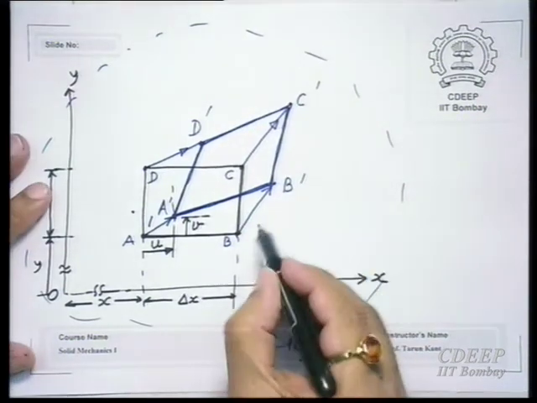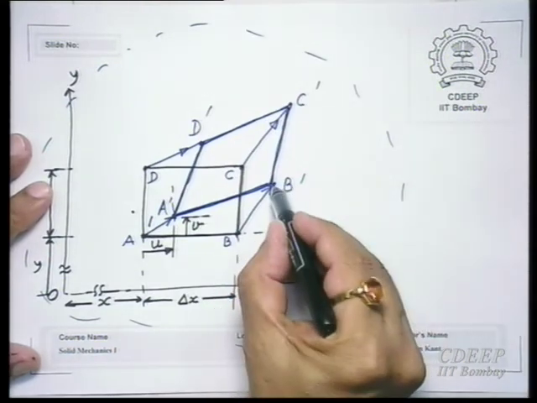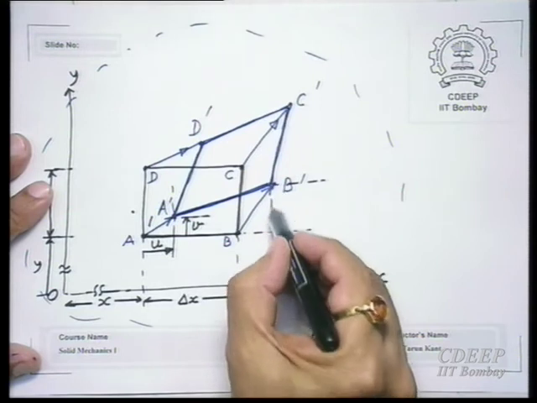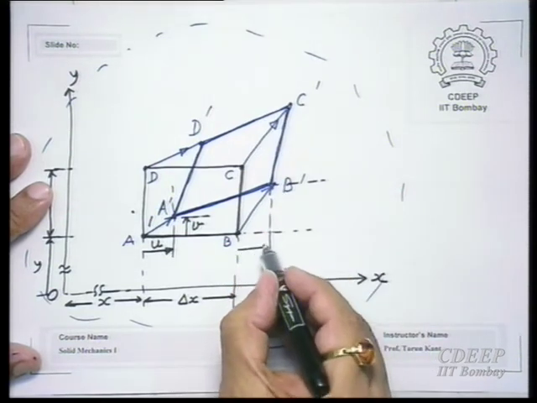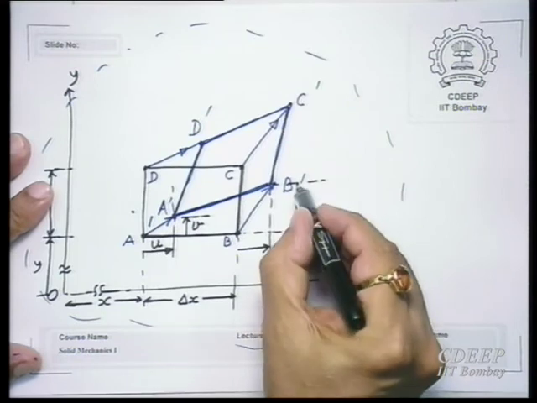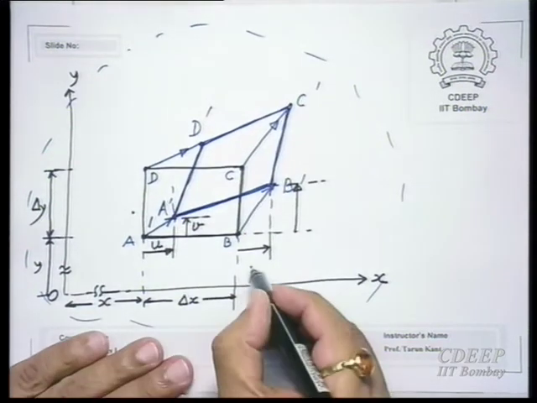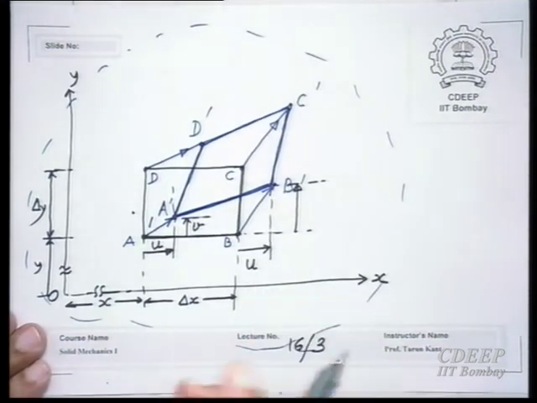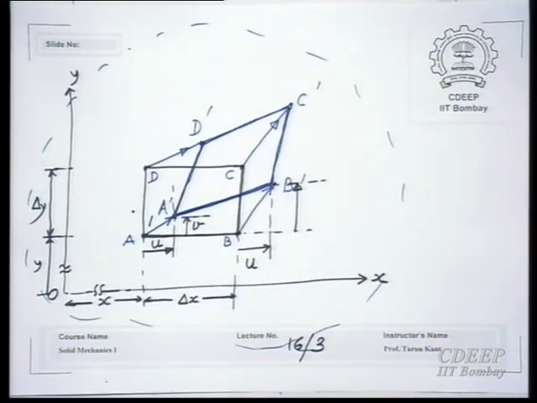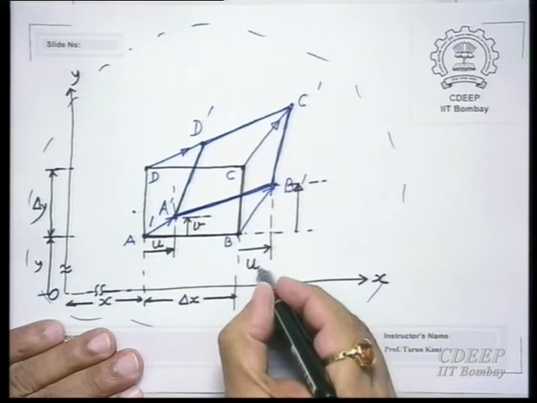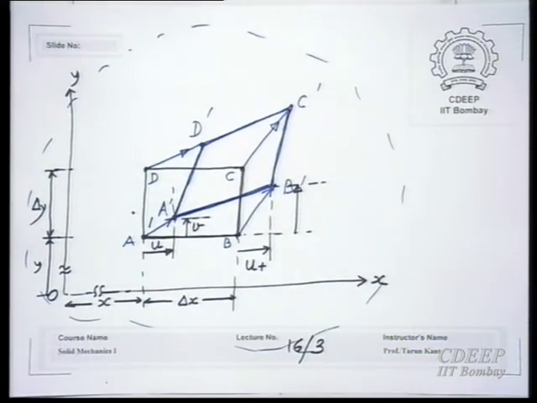What about B? These are the two components of B. How much will this be? B is at a distance delta x from A. So the x displacement of B will be u plus the change in length over delta x.